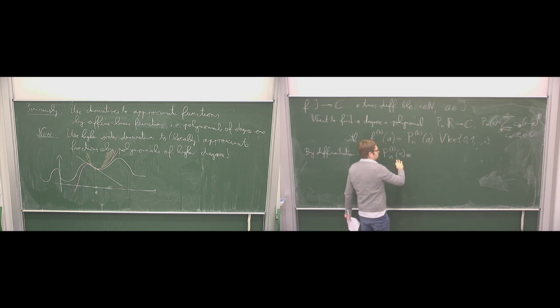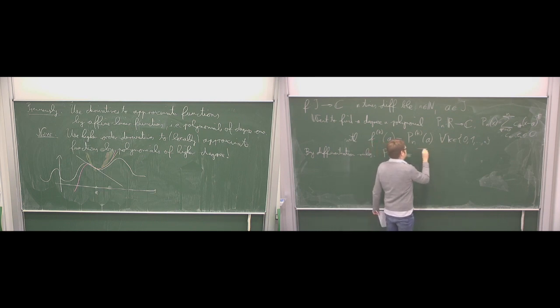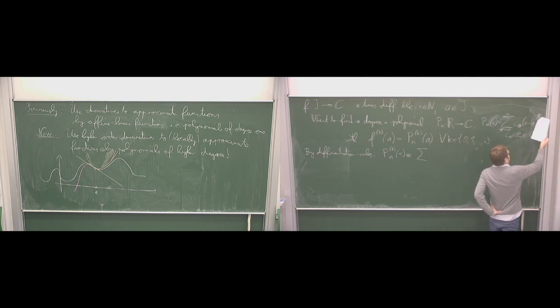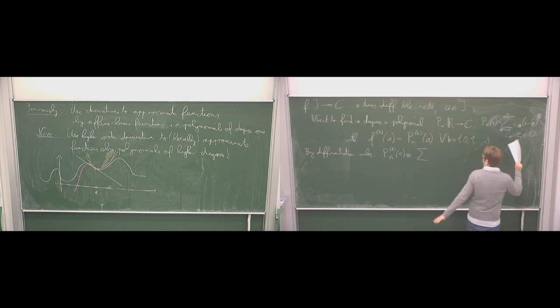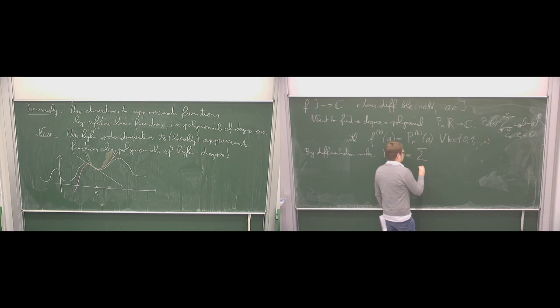So the kth derivative of this is now the sum, and now we have to check. Everything which has an exponent smaller than k will vanish if we derive this k times, because for a polynomial of degree r, the (r plus first) derivative will already vanish. So everything below k will vanish in the kth derivative, which means that the sum starts at k, the rest is 0, and we go to n.